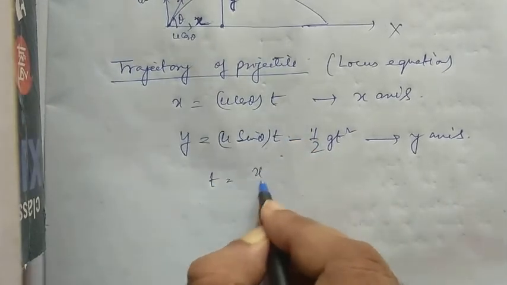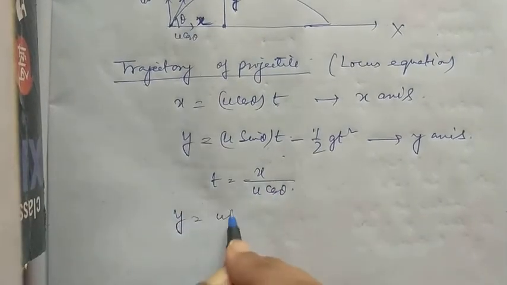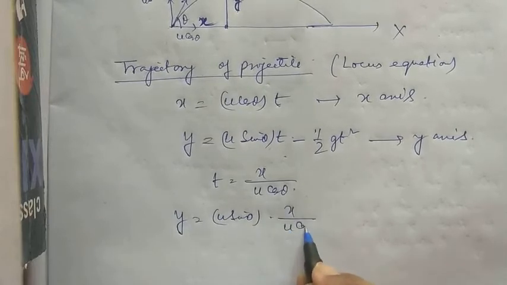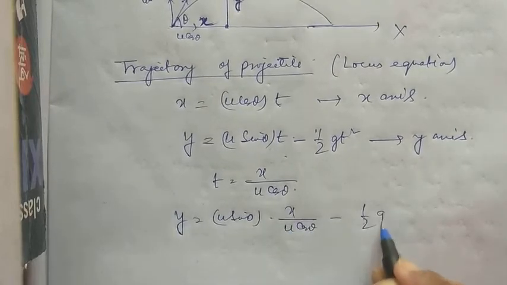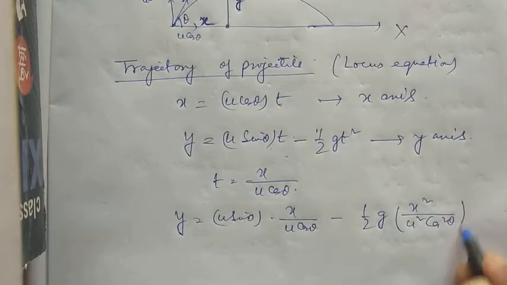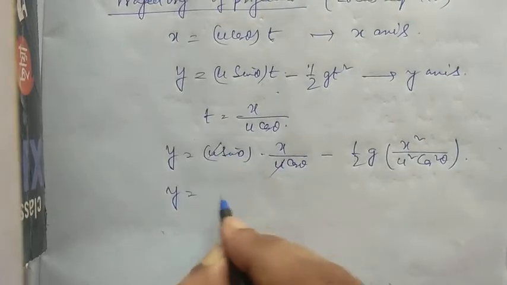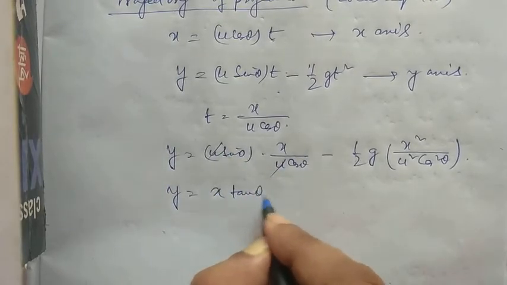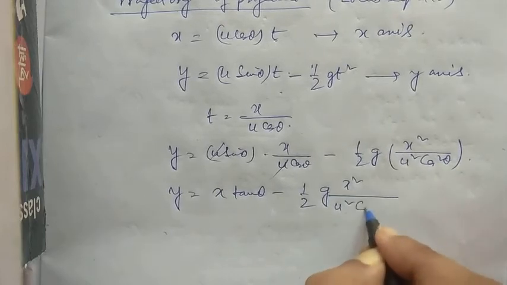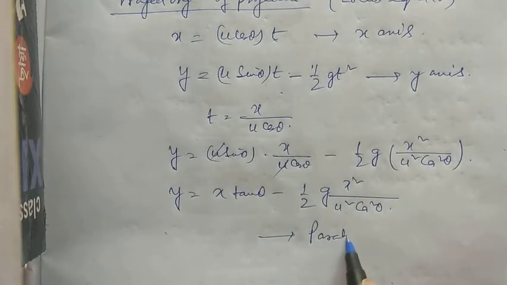t is equal to x by u cos theta. So y is equal to u sin theta into x by u cos theta minus half g x square by u square cos square theta. So y becomes, u gets cancelled, x tan theta minus half g x square by u square cos square theta. Now this represents the equation of a parabola.